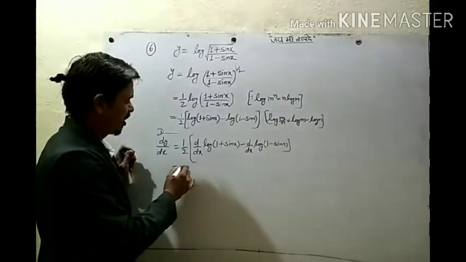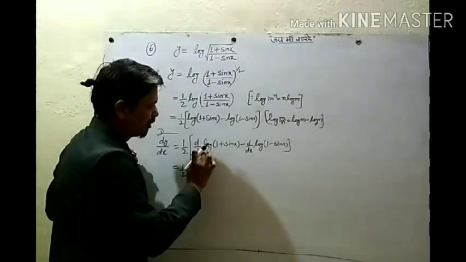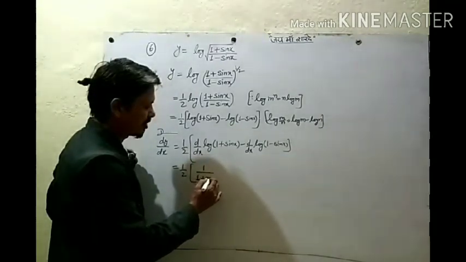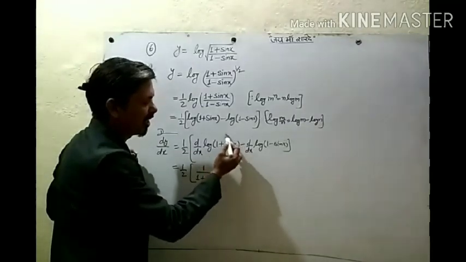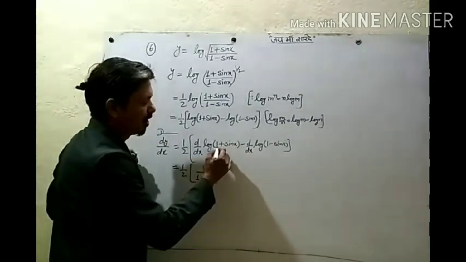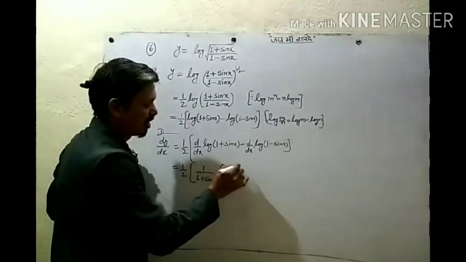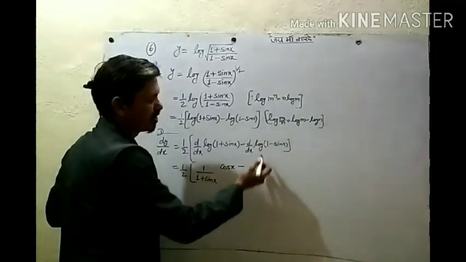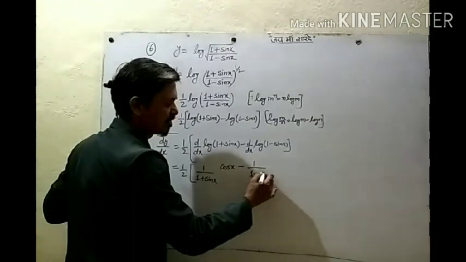Now we can differentiate; it is half times the derivative of log. Derivative of log x is 1 upon x. So 1 upon x, x means 1 plus sin x. But actually it is not x, so again you differentiate 1 plus sin x. Its derivative is 0, derivative of sin will be cos, and it will be multiplied with this. Now minus, again derivative of log x is 1 upon x, meaning 1 upon 1 minus sin x.